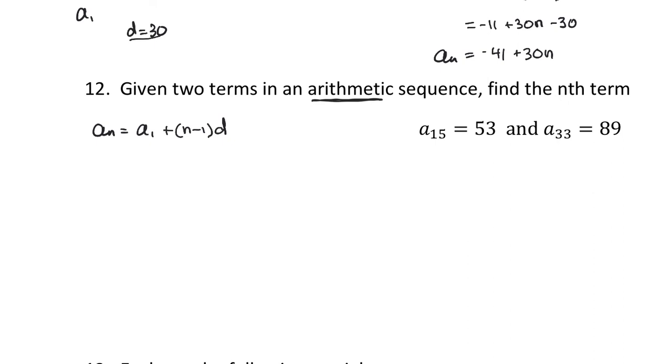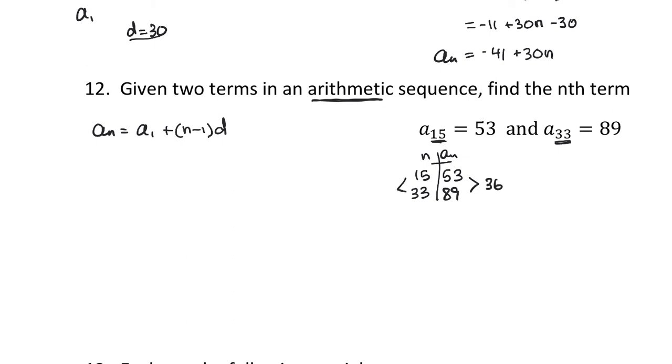So if we're thinking about this in terms of an input and output relationship with n and a sub n, the 15th term for n is equal to 53. And here the 33rd term, so n equals 33, is equal to 89. So here we can calculate a difference in y values, which would be 36.